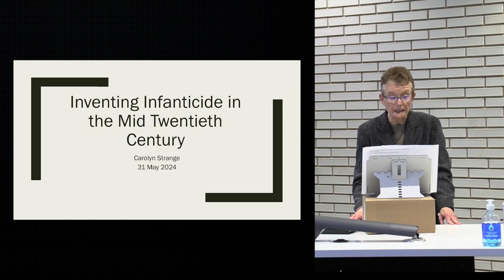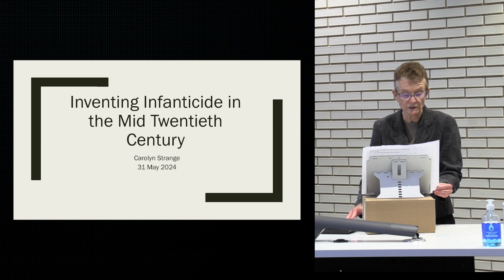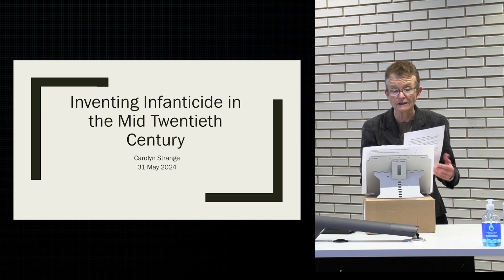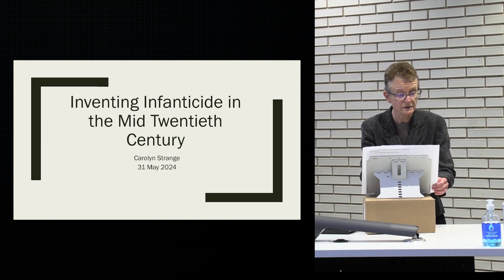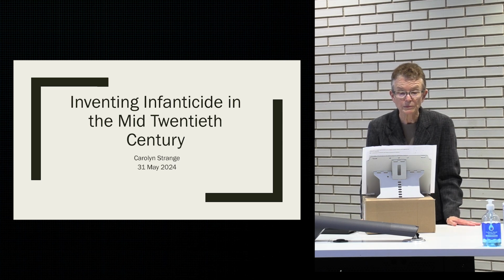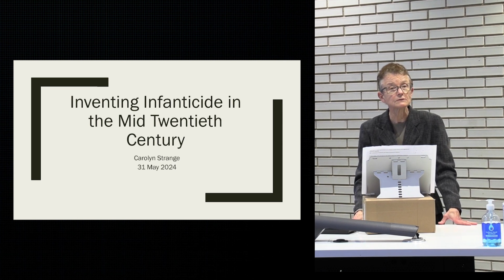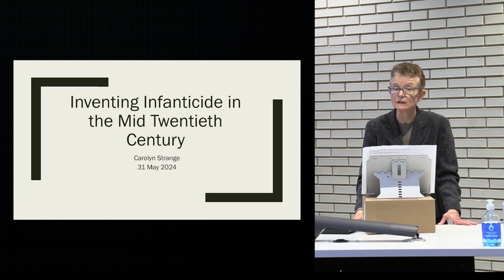If a mother's neglect was found to permanently injure her child or lead to its death, she could be convicted unless she could prove the injury or death was not caused by her neglect. So here again we have a reverse onus offense. Punishable up to life imprisonment if the child died, or up to 7 years if her motive was to, quote, conceal the fact of her having had a child, unquote.